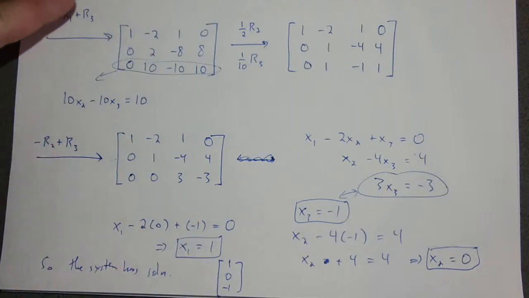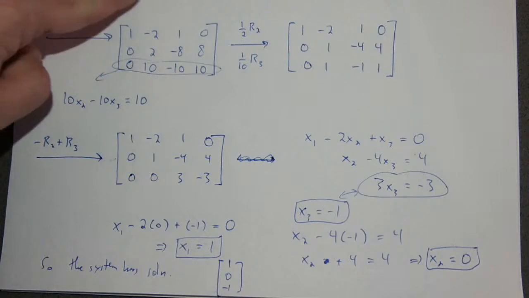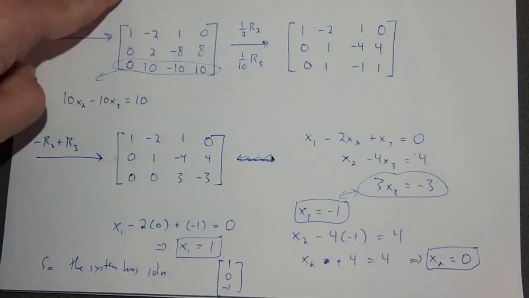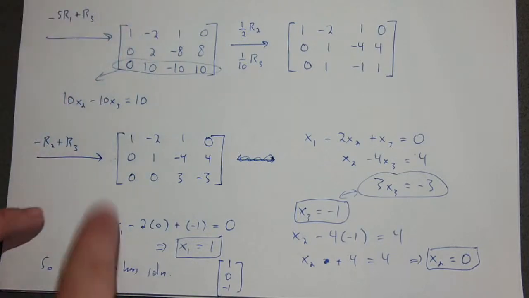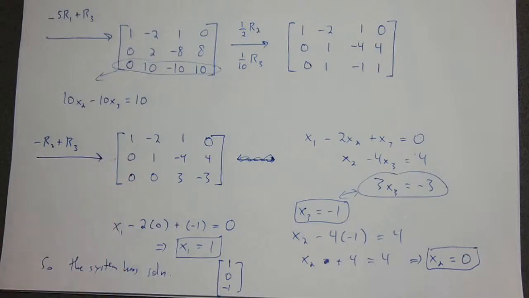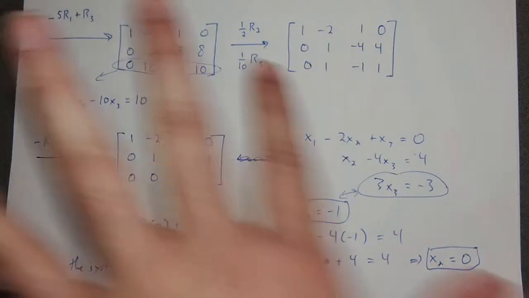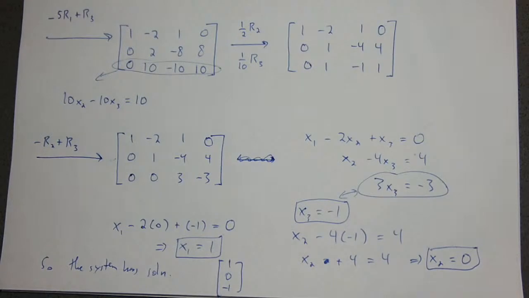We started with an augmented matrix that only had these two zeros in the coefficient matrix, but then we ended with a matrix that had more zeros. And with a bigger matrix, that would have been true as well.